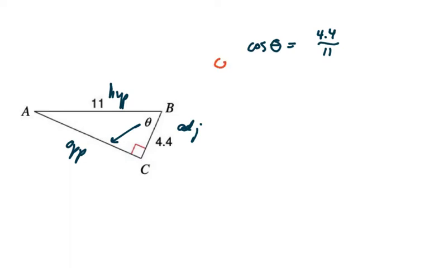Undoing this with cos negative 1 to get theta by itself, or x by itself. So clear on my calculator. 4.4 divided by 11, and then the cos negative 1 button. We get 66.4 degrees.